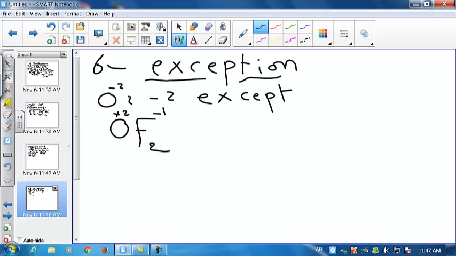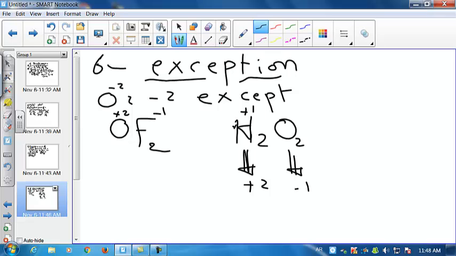And the second example is in peroxide. In peroxide, this is the formula, H2O2. The normal oxidation number for hydrogen is +1, right? So +1 times 2, so the total positive charge is +2. So this means that the total negative charge must be -2.